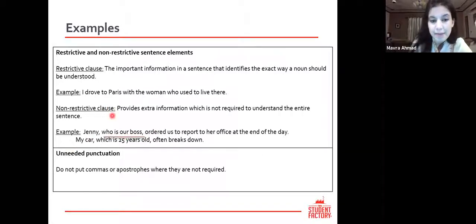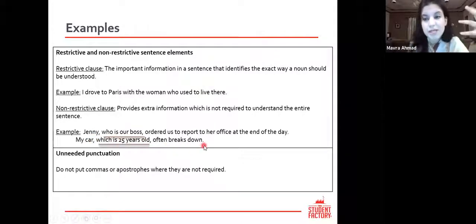The next example is, my car, which is 25 years old, often breaks down. अब ये which is 25 years old भी unnecessary information है. It's a non-restrictive clause because it is providing us extra information which is not important to understand the complete sentence, right? Even without this, we know my car often breaks down. We are talking about a car which might be old, which might not be well maintained.